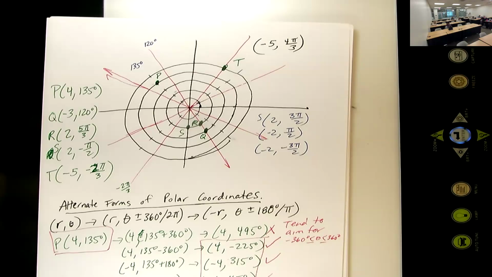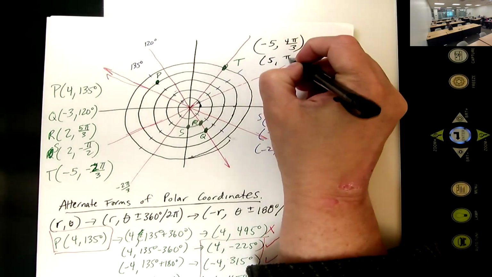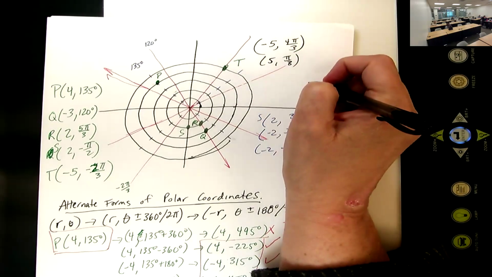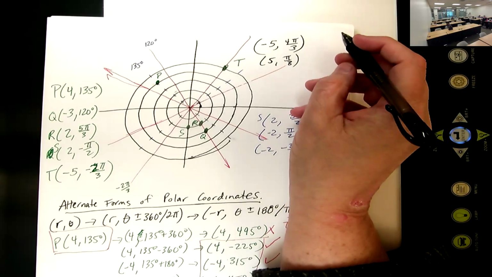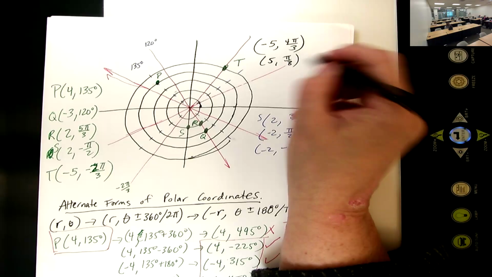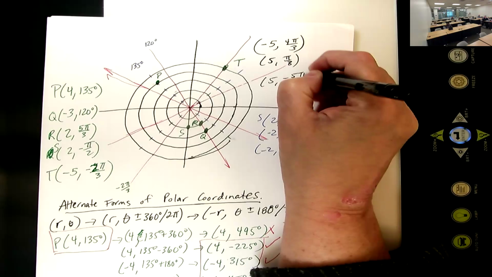Or do Lydia, Jordan and Davis have to do all the talking in here? +5 pi/3. There we go. Anybody else wanna bring me home for the last one? -5 pi/3. There we go. Thank you, Owen.